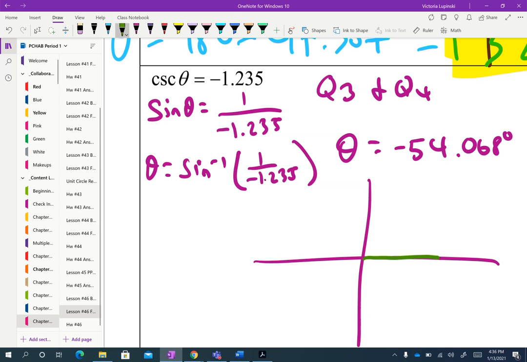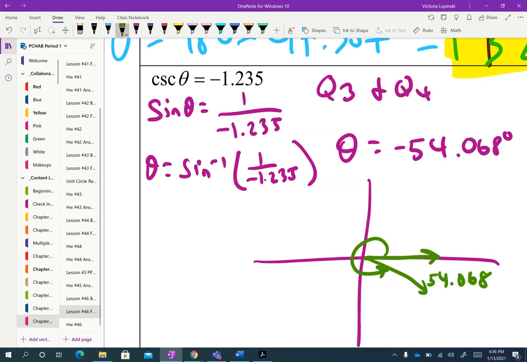So if you started in standard position, you have to end up approximately negative 54.068 degrees away. Remember, though, when we're talking about reference angles, we always make it positive. So draw that again, and really the reference angle is positive. So here is the first answer.